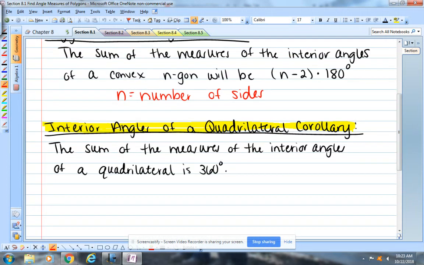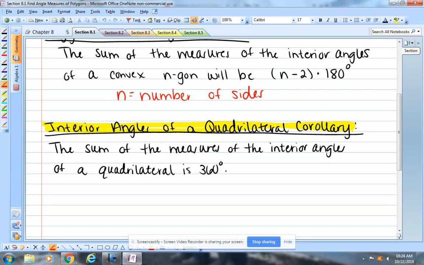Now let's talk about the quadrilateral. Now this is called a corollary because it is derived from a theorem. The previous theorem said n minus 2 times 180 will be for any polygon. Therefore, for a quadrilateral, that comes out to be 360. So it's called a corollary because it's based on the previous theorem.